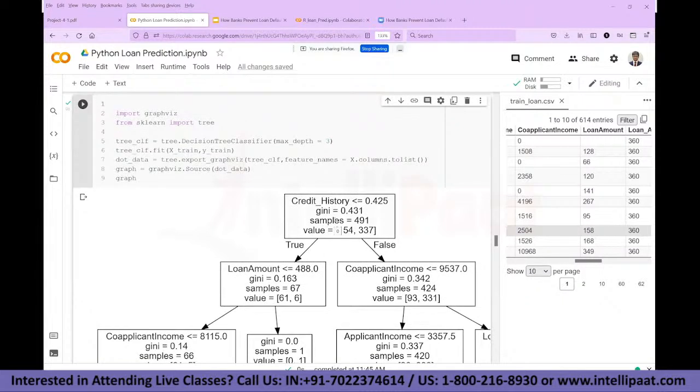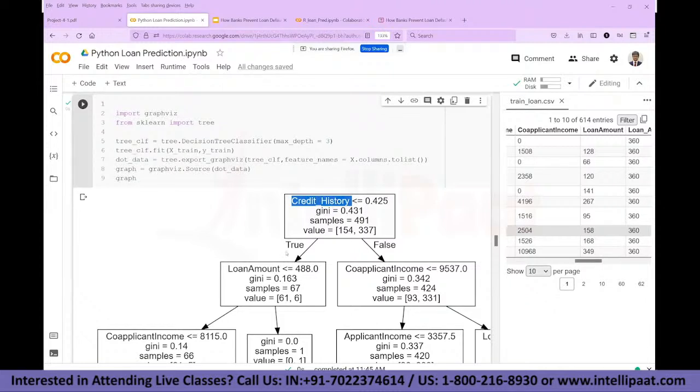So how do I decide that credit history should be taken first, not this one? Credit history should have a high Gini index, such that it could be decided as the topmost node, or what you call a pure node, right?